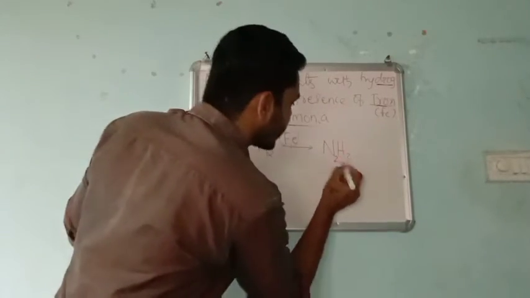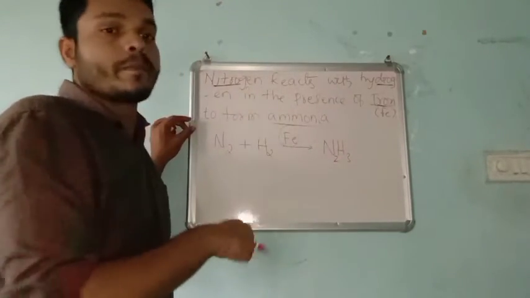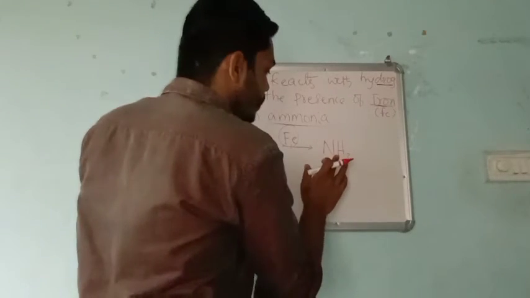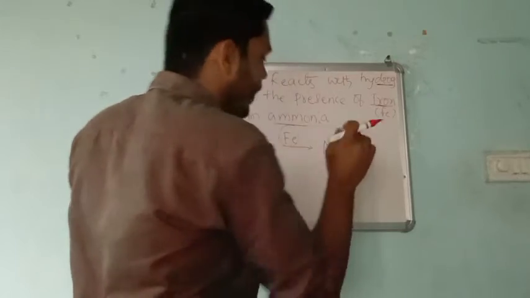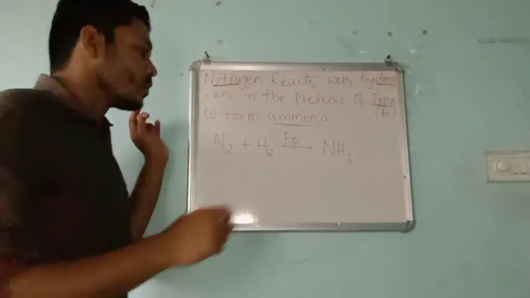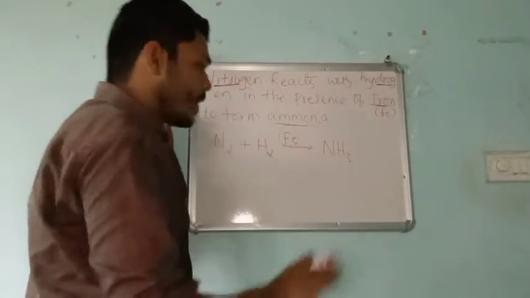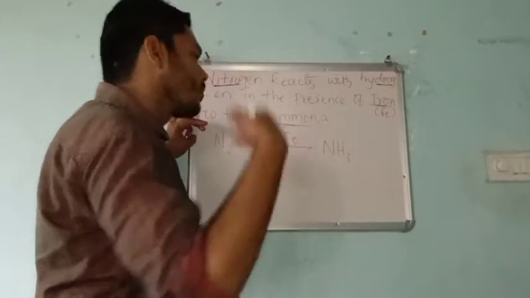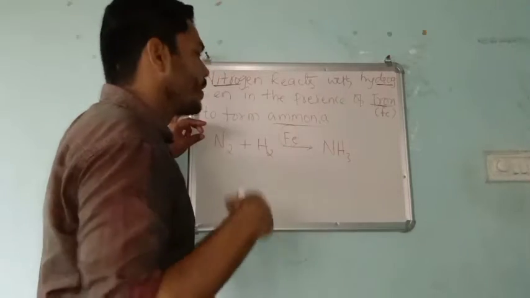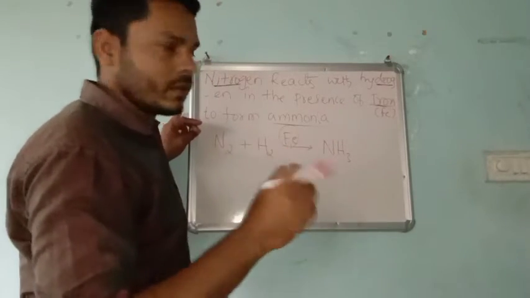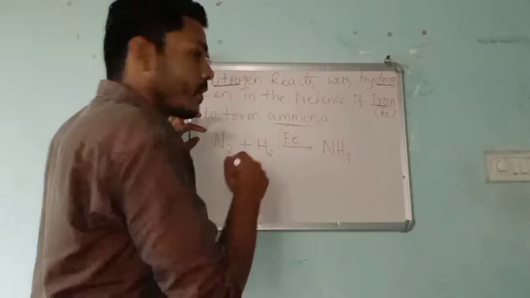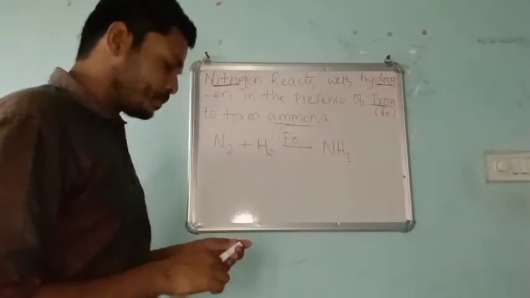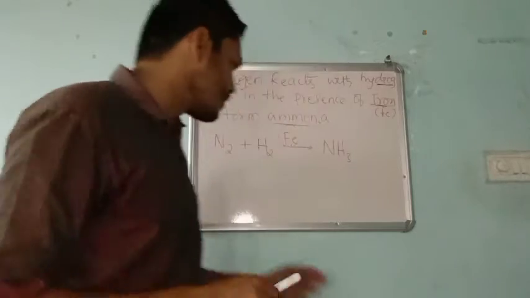I can't write like this because the valency comes, and valency I will take next class only, right? So we need to have some idea about the valency also, right? So now don't go for the valency, just go with the general balancing. Later, after the valency class, we will balance the equations with their particular valencies.